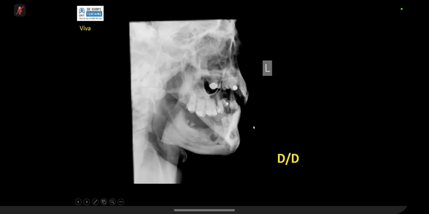No evidence of any other lytic or sclerotic lesions or pathological fractures. The findings are suggestive of a radicular cyst. The less likely differential, if the patient has raised inflammatory markers and fever, would be a periapical abscess or a periapical granuloma.